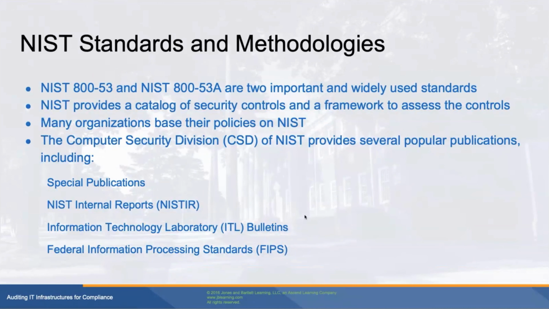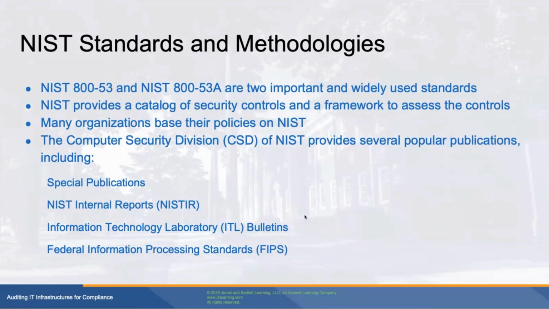An appropriate way for you to suggest maybe new controls that need to be put in place is to use available catalogs that are out there. An example of a control catalog would be NIST 800-53 and 53A.